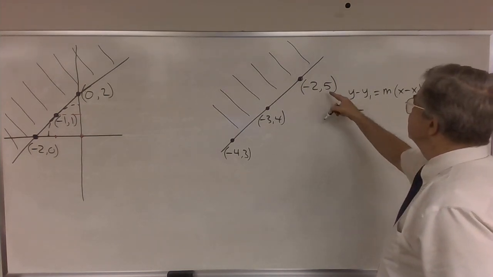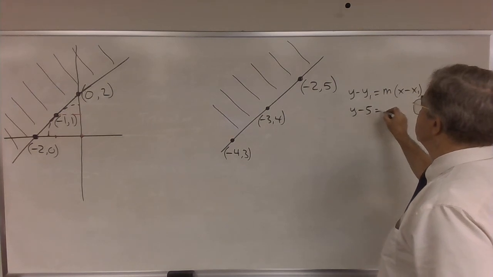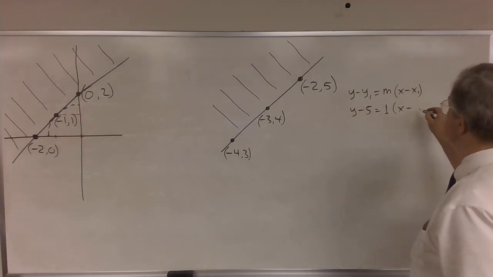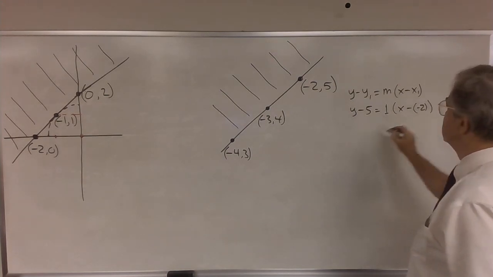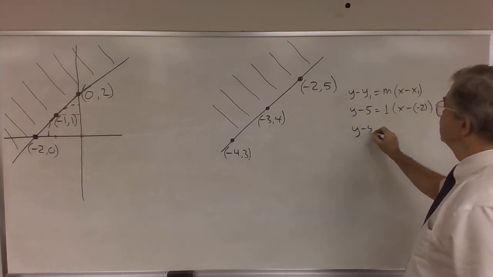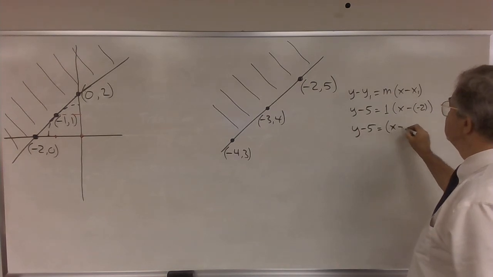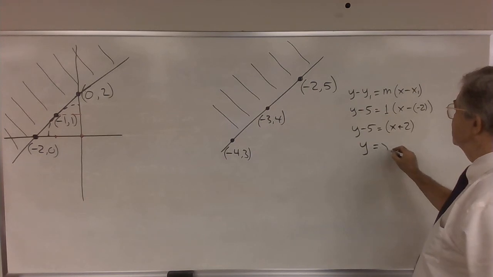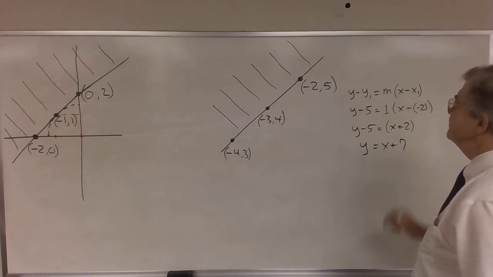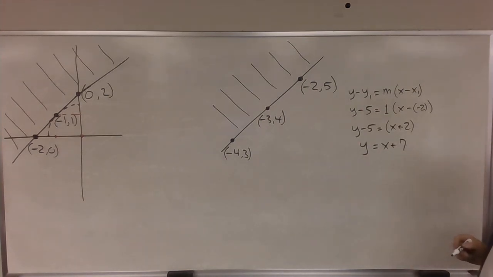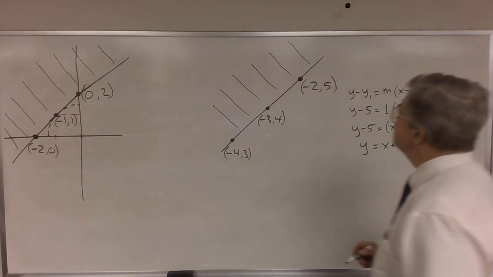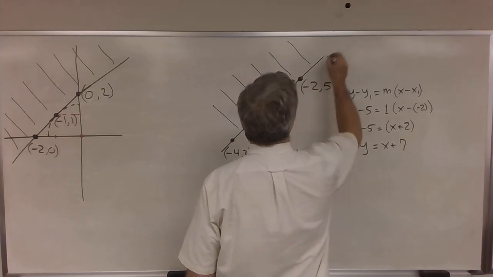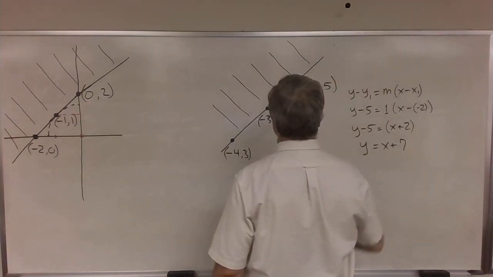So y minus 5 is equal to 1 times x minus x1, negative 2. So y minus 5 equals x plus 2, add 7. y equals x plus 7. Okay, so 4, 5, 6, 7. I'm going to go off the board here.